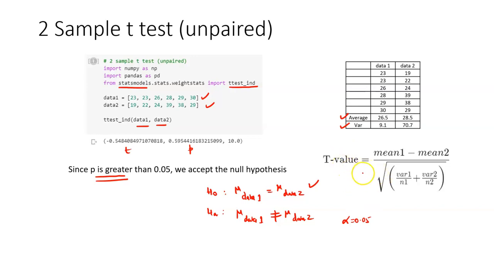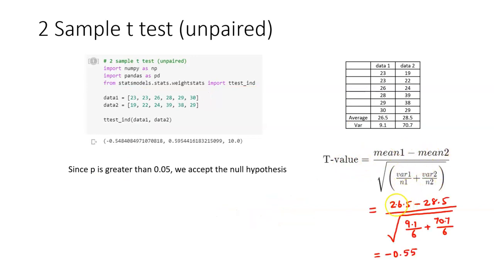So how will you compute the t-value here? I've got mean 1, mean 2, variance 1, variance 2. N1, N2 is known. So here it is 26.5 minus 28.5, over the square root of 9.1 divided by 6 plus 70.7 divided by 6, and you will get 0.55. And that is the t-value we got programmatically also.